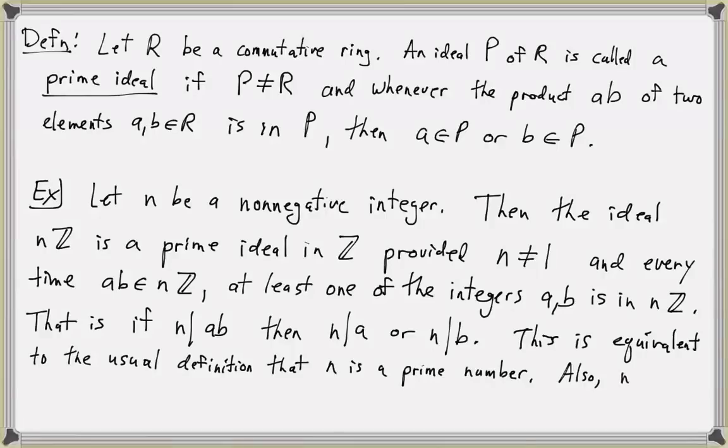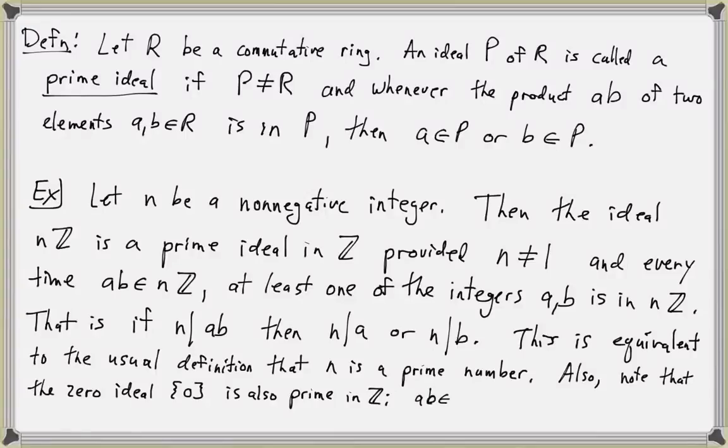Also, note that the zero ideal is also a prime ideal, because the set of integers is an integral domain. So if AB is in the zero ideal, that means that AB equals 0, which implies that A equals 0 or B equals 0.